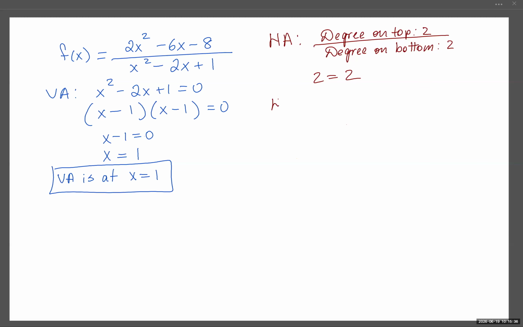So the horizontal asymptote will be the line y equals the leading coefficient of the top divided by the leading coefficient of the bottom. Well, for us, the leading coefficient on top is 2, the number in front of x squared in the numerator, and the leading coefficient on the bottom, the number in front of x squared in the denominator, is 1. So my horizontal asymptote will be at y equals 2.